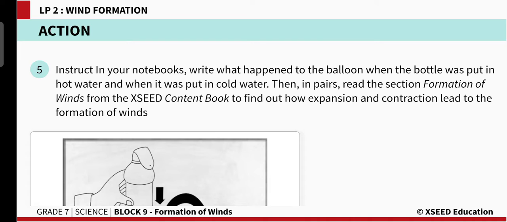You have to write in your notebook what happened to the balloon when it was put in the hot water and when it was put in the cold water. Then, in pairs, read the section formation of the winds from the content book to find out how expansion and contraction lead to the formation of the winds.